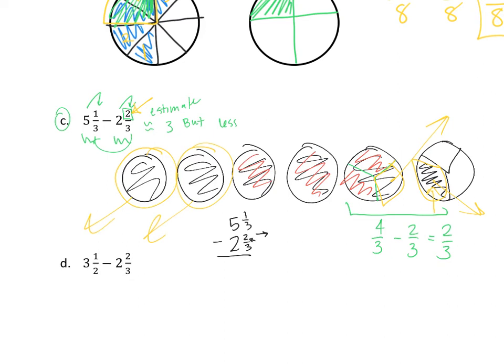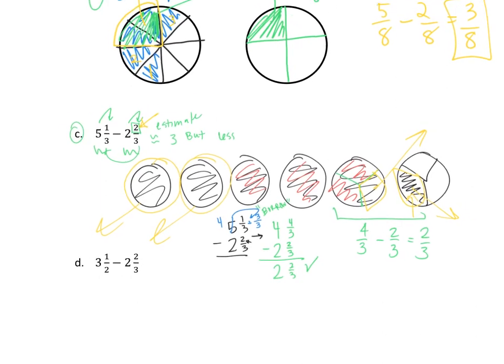So we are basically borrowing from that 5 and adding that 3/3 there. So it looks like 4 and 4/3 minus 2 and 2/3, which will become the 2 and 2/3 that we got. Again, the visual is really nice to help us understand how we needed to do kind of that borrow, which we might have said.